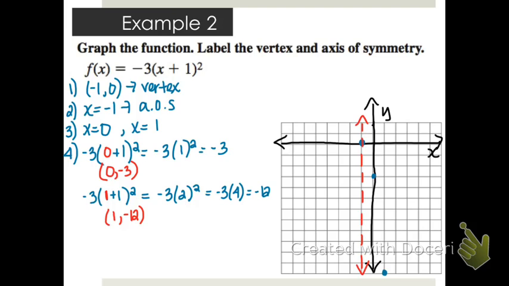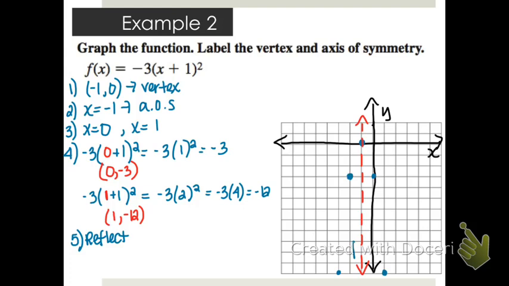Then my last step is to reflect over the axis of symmetry. So very similarly to what I did before, let's take that point at the bottom. Well, it's 2 away from the axis of symmetry, so I need to go 2 units left of the axis of symmetry. And then let's look at that point up here. (0, -3) is 1 unit away from the axis of symmetry.